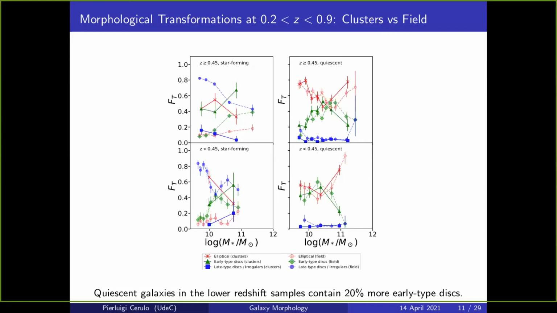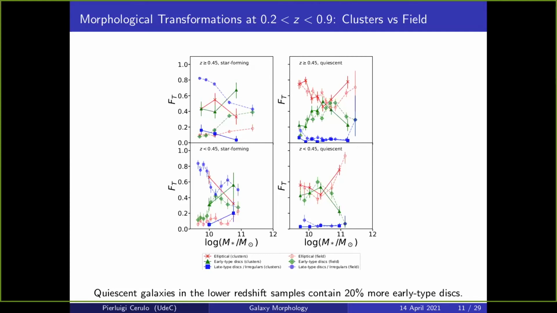Now, this is one thing. The other thing is that the trends of the morphological fractions with stellar mass in clusters are basically indistinguishable from the field. And this is quite interesting, because the quenched fraction in clusters is about twice the quenched fraction in the field.